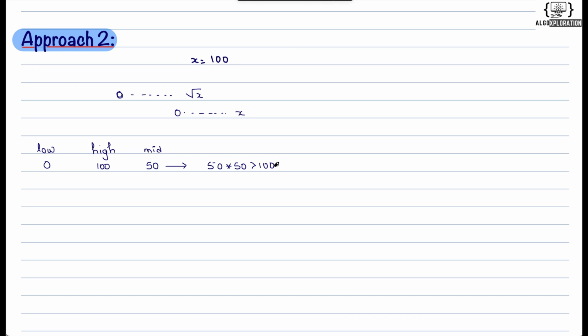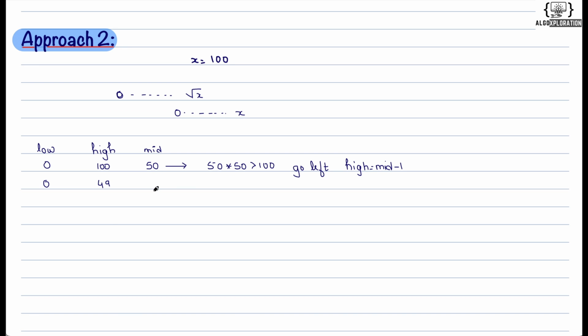So obviously 50 is not the square root of 100. Since we need to reduce our search space, we will be going on the left hand side. Go left. And how can we do that? By doing high is equal to mid minus 1. So this will be 49, this will be 0.